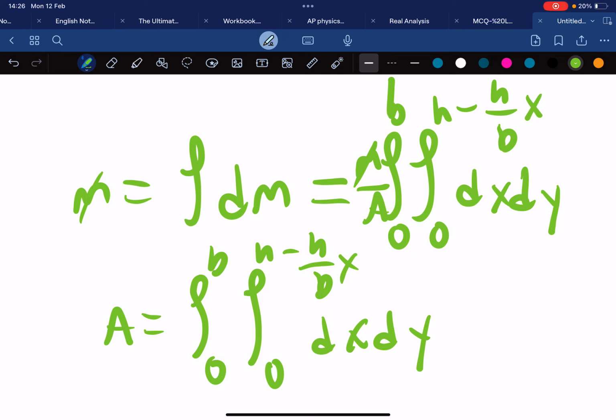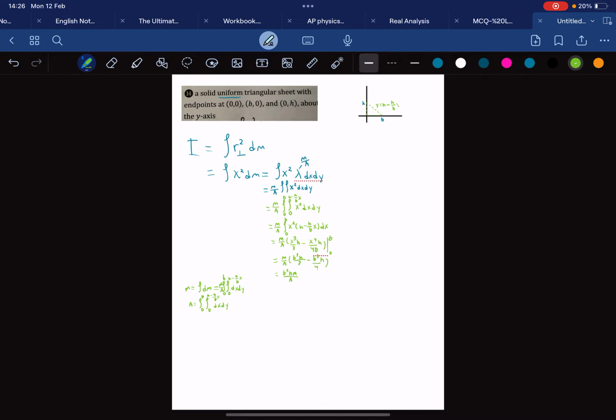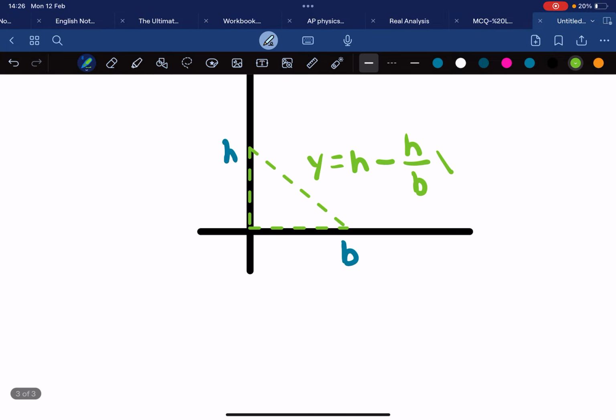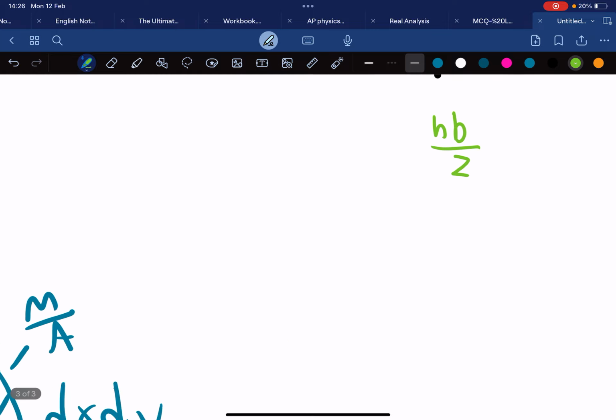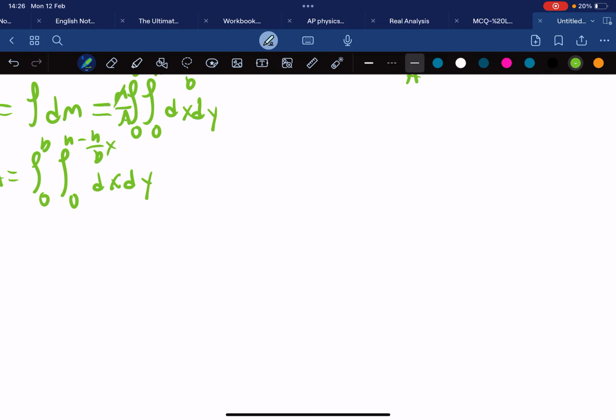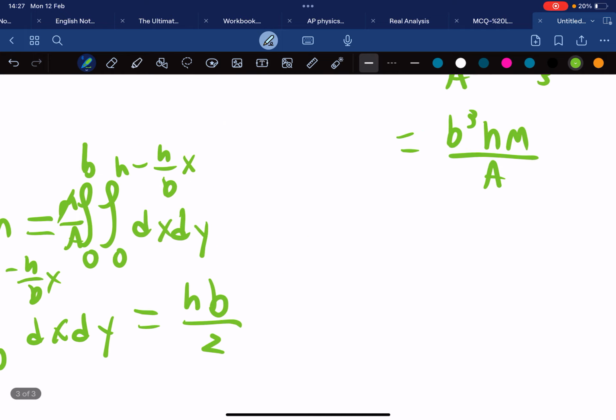We could have also said that the area is just the area of this triangle, and we know how to compute the area of a triangle. It's just h times b over 2.